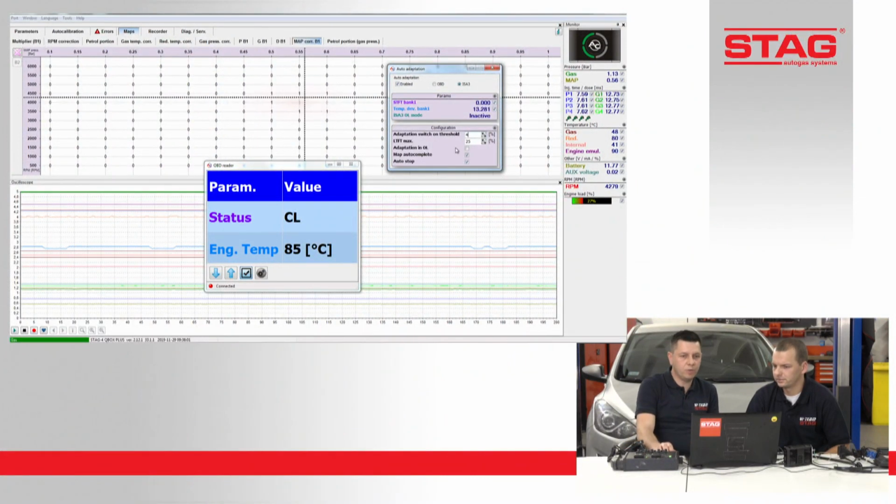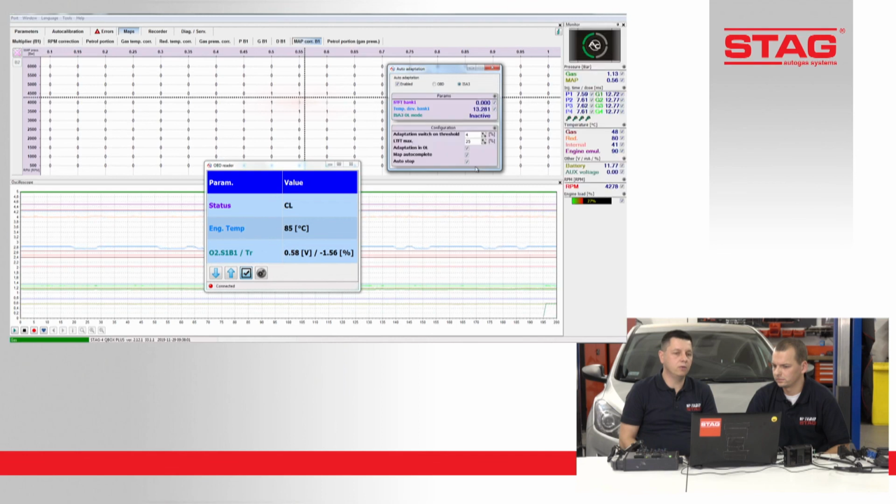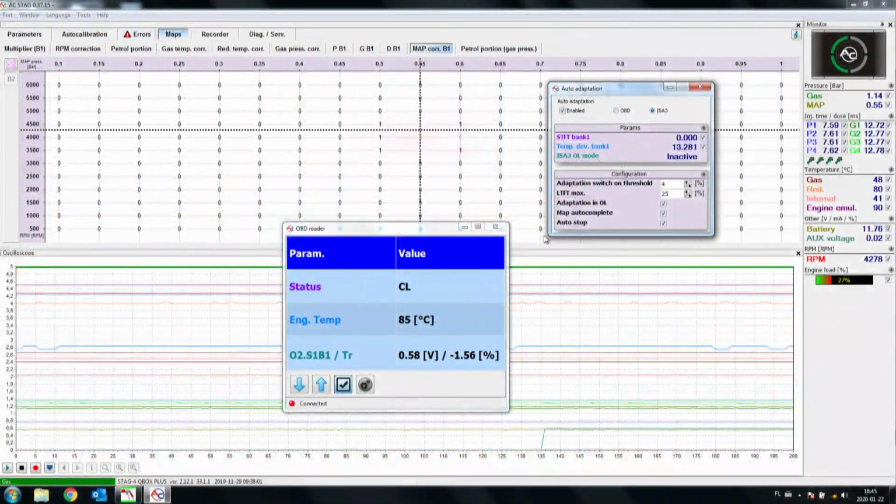And the adaptation in open loop is the same situation that we had with the Cubox. Yeah, and automatically, once you turn on adaptation in open loop, you can see that the OBD window started to read the voltage from oxygen sensor number 1.